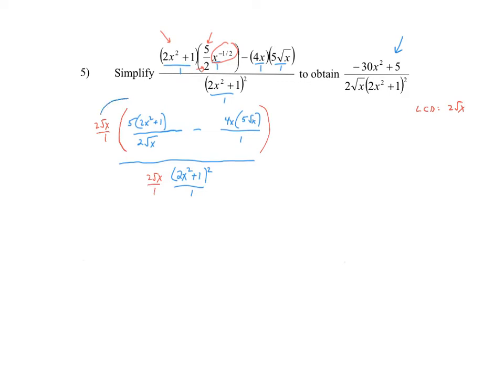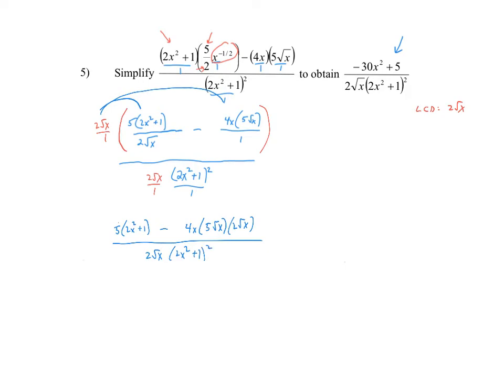In the numerator, once we distribute here, we see that 2 root x cancels. So we're left with 5 times 2x squared plus 1. Over here, we have 4 times x times 5 root x times 2 root x, all over 1. And in the denominator, we have 2 root x times 2x squared plus 1 squared.